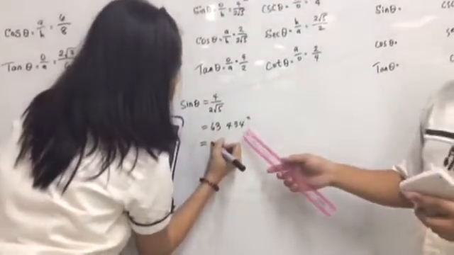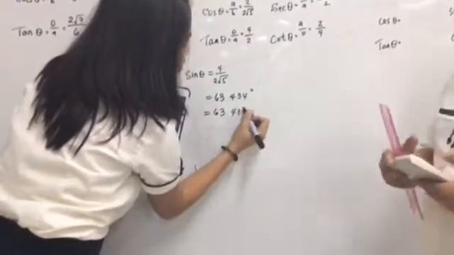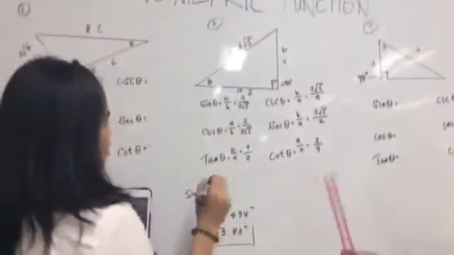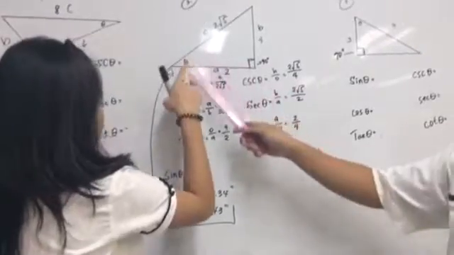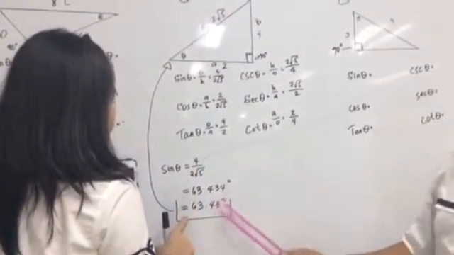And we should round it off to the nearest hundredth, which is 63.43 degrees. Then the answer for this is 63.43 degrees.